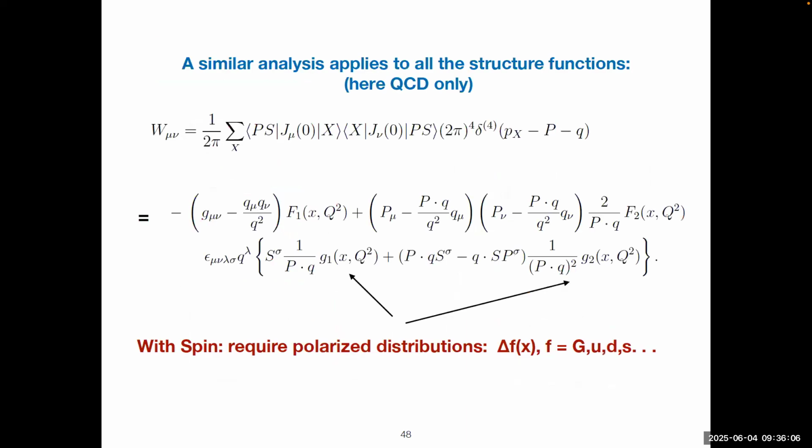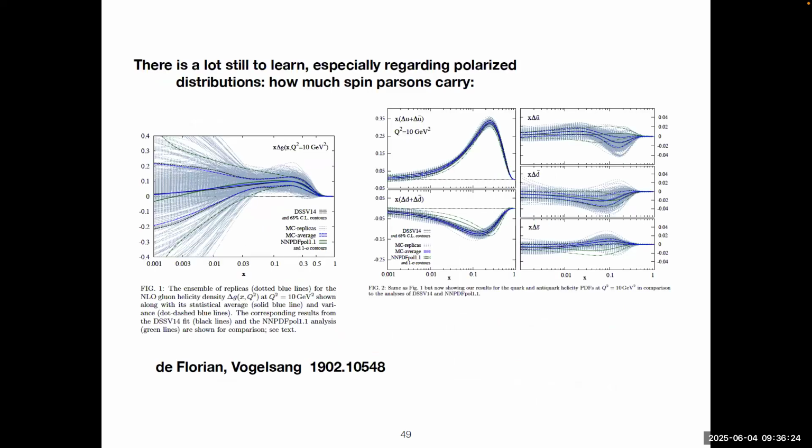And a similar analysis applies to all the structure functions. I mean, we just talked about the singlet here, and you've seen this before in Hata's talk. So spin requires polarized distributions. So remember g1 and g2, you saw that, so I won't dwell on this.